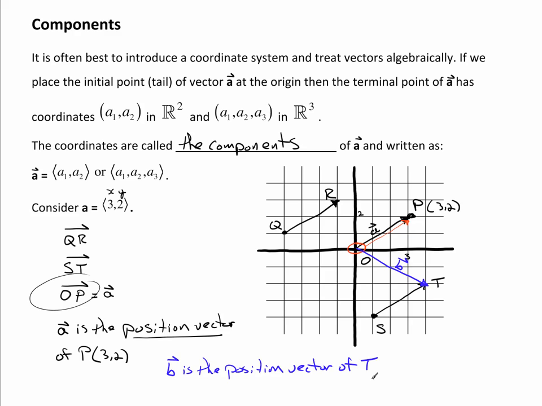So this vector goes from the origin and ends at the point T, giving you the position of the point T.